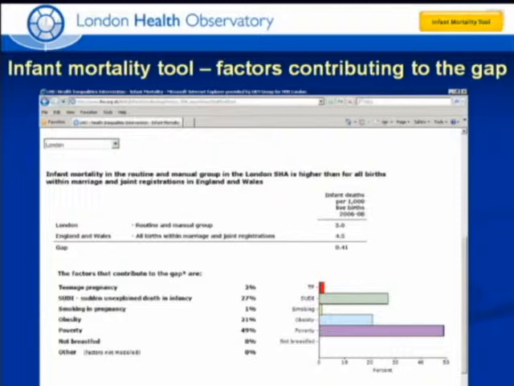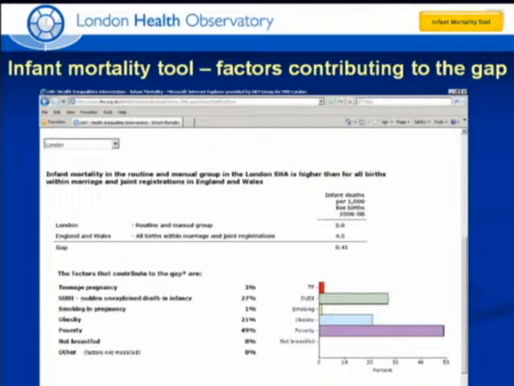And the rest of the chart at the bottom illustrates which of these factors are contributing to the gap in London. So you can see that poverty is one of the biggest contributors to the gap in London, and so is sudden unexplained death in infancy.